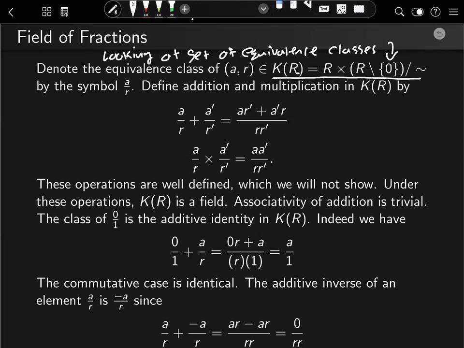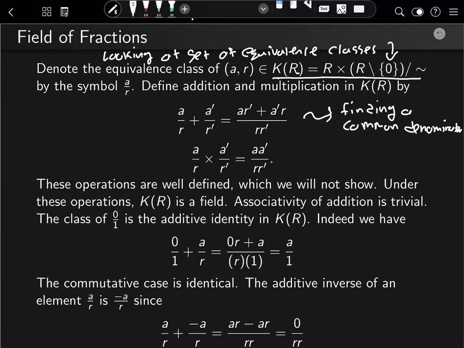We're going to define addition and multiplication in K of R in the standard way. So we have A over R plus A prime over R prime. That's going to be A R prime plus A prime R over R R prime. This is equivalent to finding a common denominator in simple arithmetic with fractions, and we define multiplication the same way, we just multiply straight across.